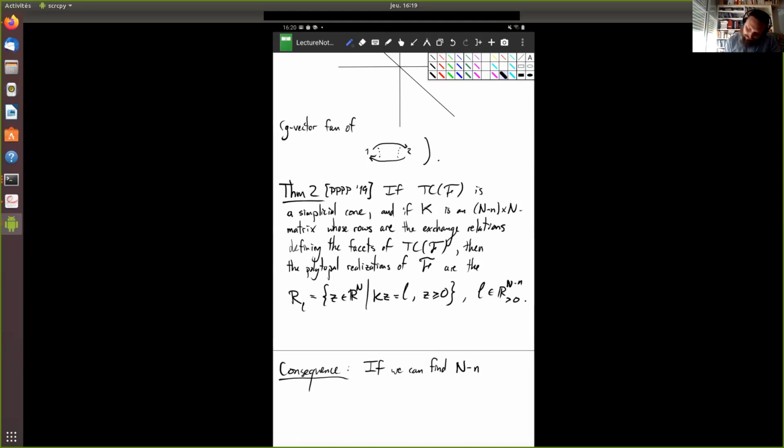If we can find big N minus small n exchange relations, so these are the rows of K, that positively or maybe non-negatively generate all the other exchange relations. So if we can do this, then we can describe very easily all polytopal realizations of the fan.